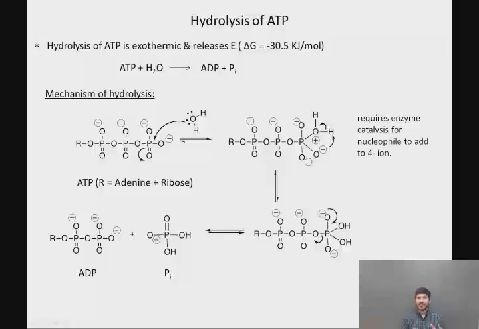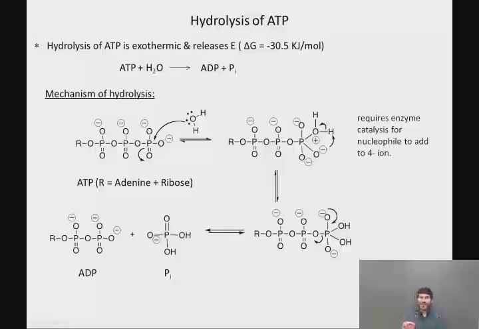That is fundamentally what enzymes can do. They can take intermediates that would otherwise be unfavorable and lower the energy of those intermediates, and in lowering the energy of the intermediate, it lowers the activation energy required to get to that intermediate.